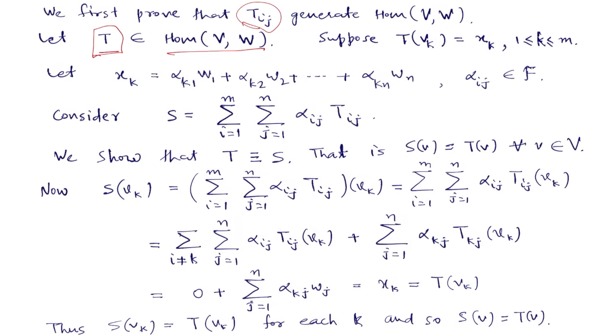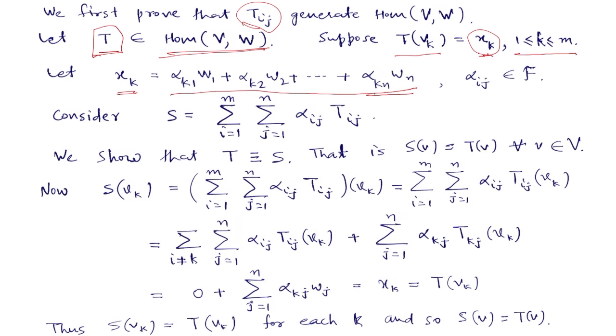Now T is a linear transformation from V to W. Suppose T of vk is equal to xk, where k lies between 1 and m. Now because xk is in W, we can write xk as a linear combination of elements of the basis of W. So suppose xk is alpha k1 w1 plus alpha k2 w2 and so on up to alpha kn wn.